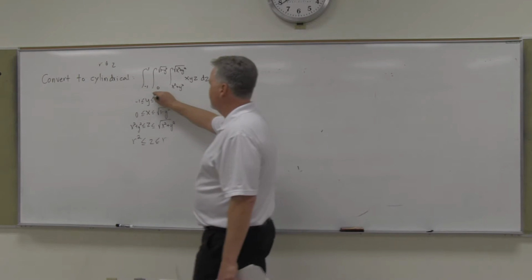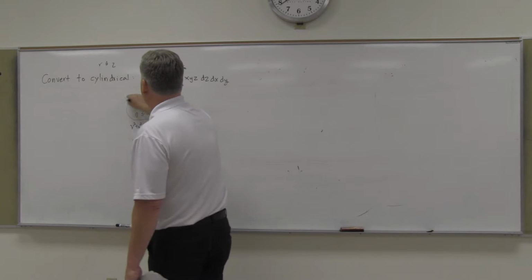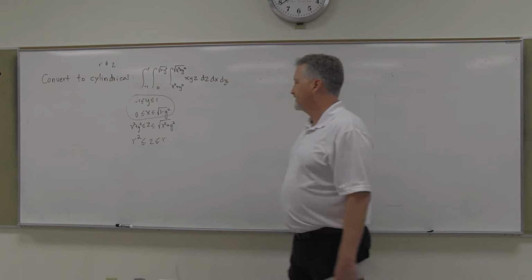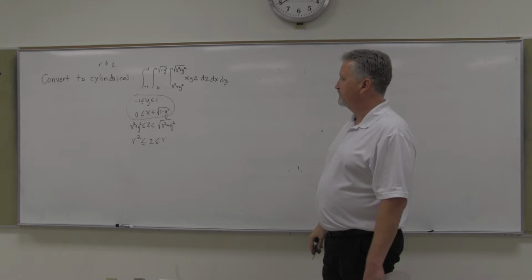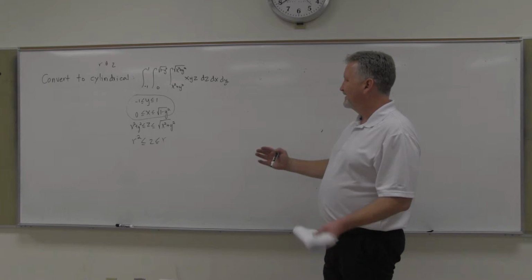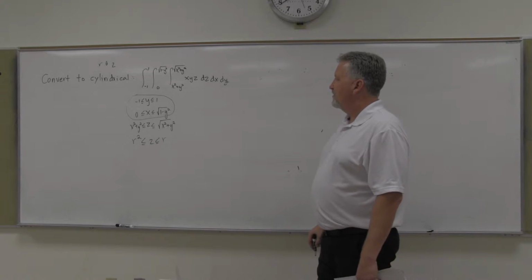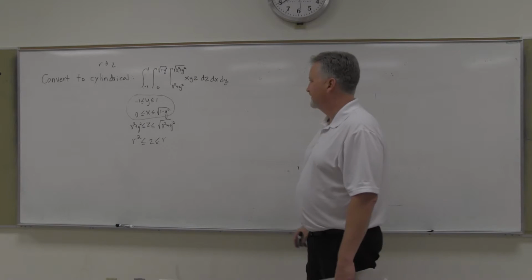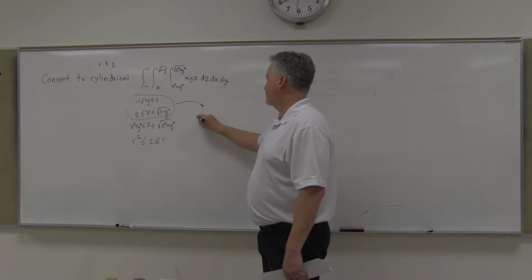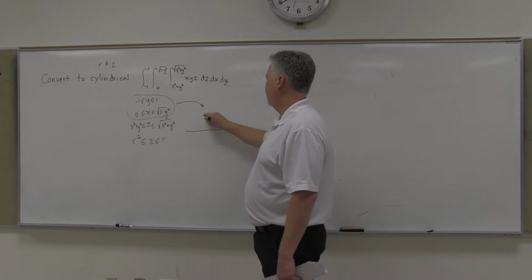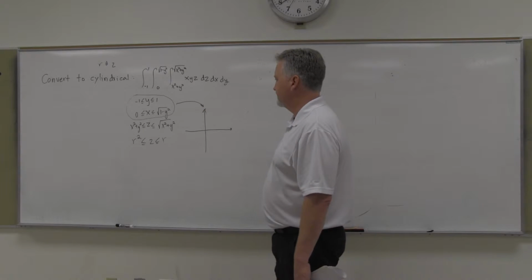So that converts the z part of it. How do I do the rest of it? Well, I need to look at this again in the xy plane, and that will probably help me with the r's and thetas.